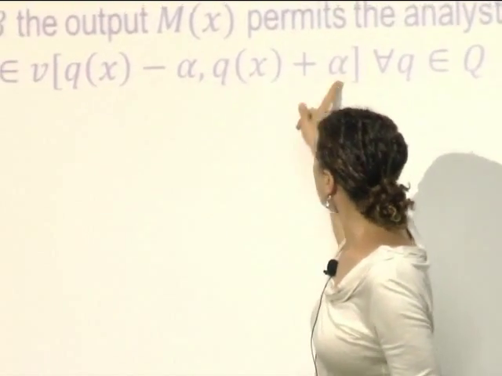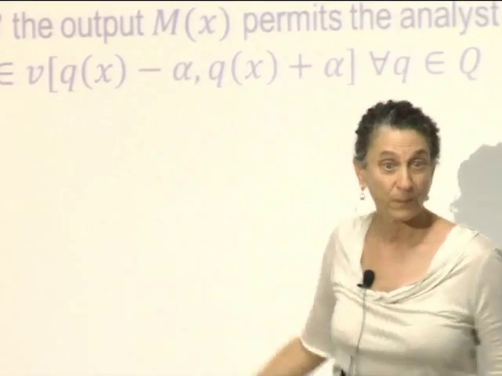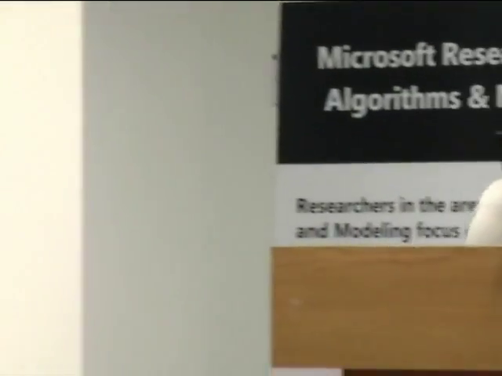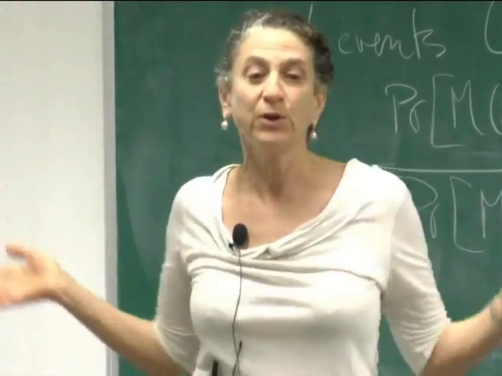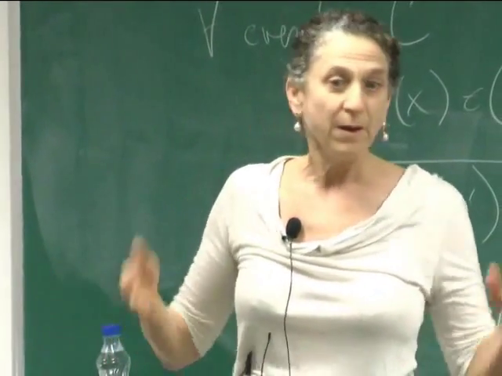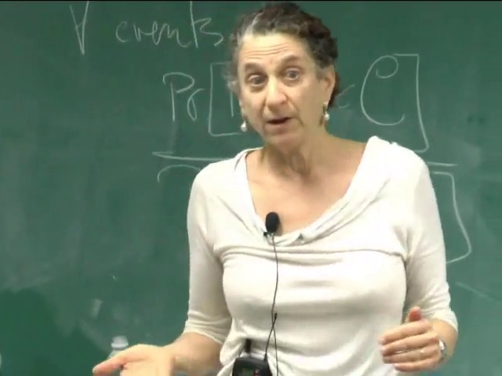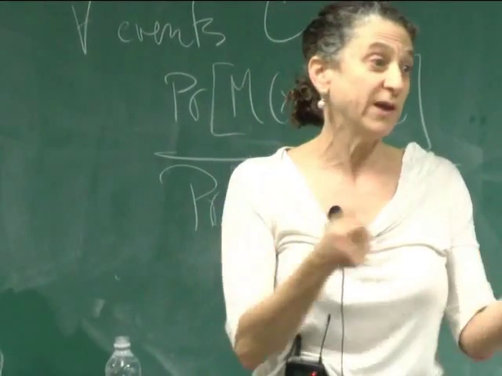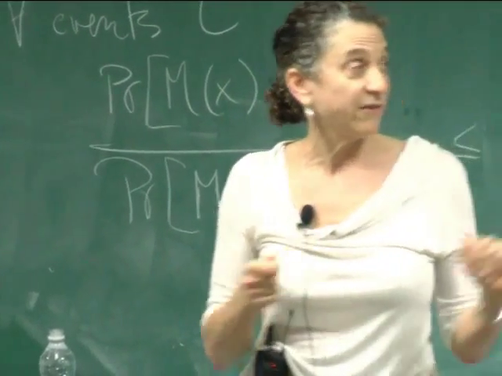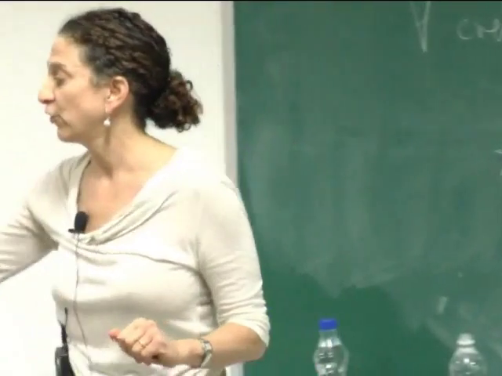It's something that's within an additive alpha bound. All right? So beta is going to be our probability of failure. With beta probability, absolutely no guarantees whatsoever. But with probability 1 minus beta, we're going to be accurate to within alpha. That's the definition of alpha-beta accuracy for a set of queries.